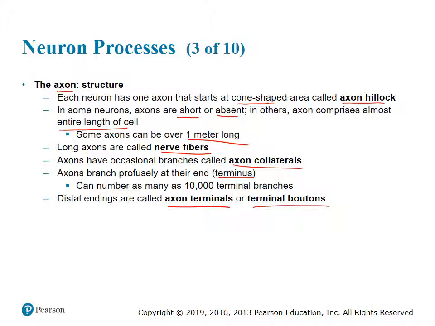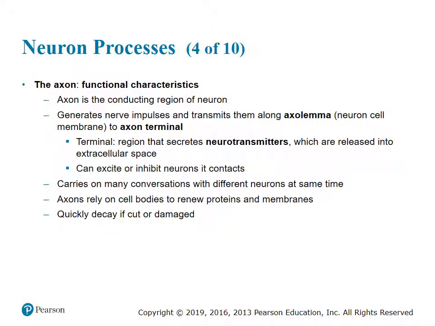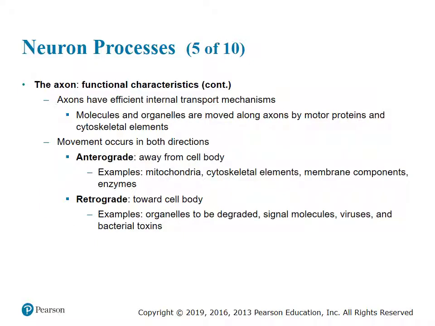Axon terminals or terminal boutons are sometimes what they're called. The axon can be decayed or damaged from that decay or that cut of the axon portion.